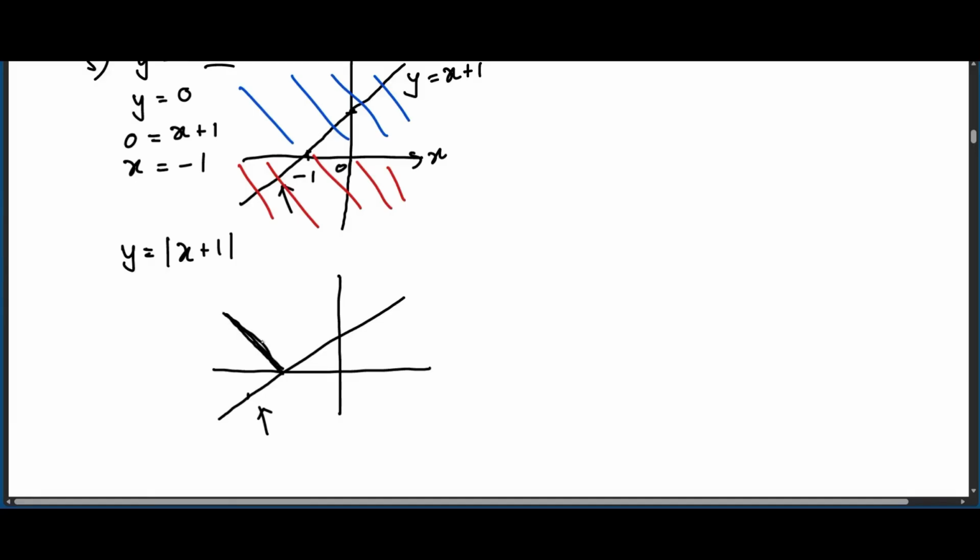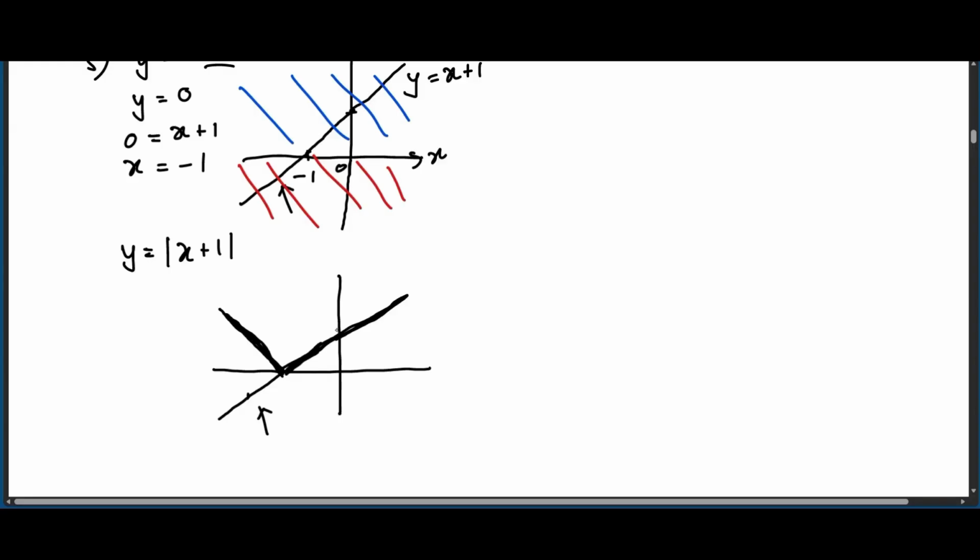Or you can imagine it as being reflected. So it will be reflected upwards. It will be converted into the positive part. And what happens to the positive part? It would remain. Remember, absolute value function does not change positive. It only changes negative into positive.